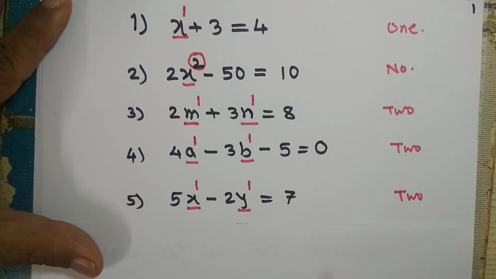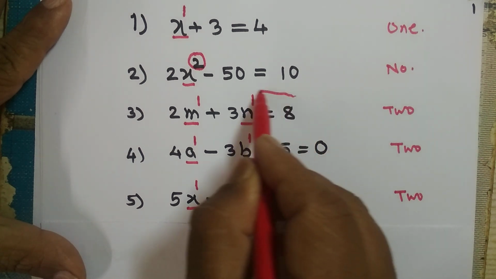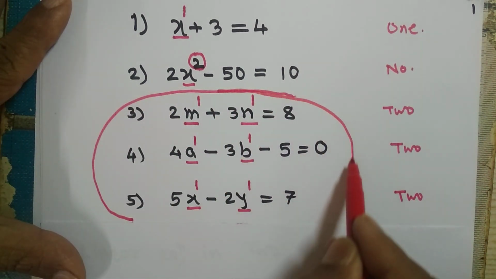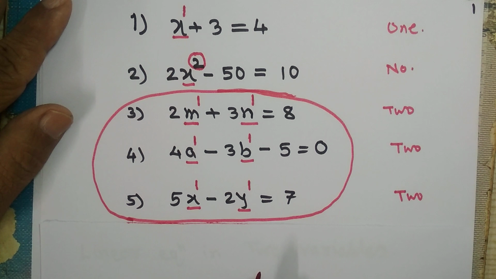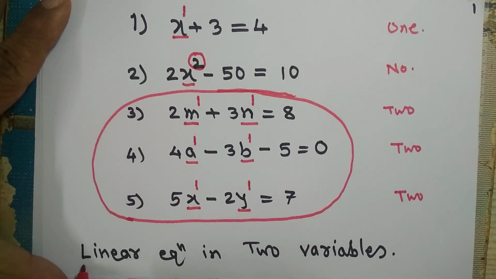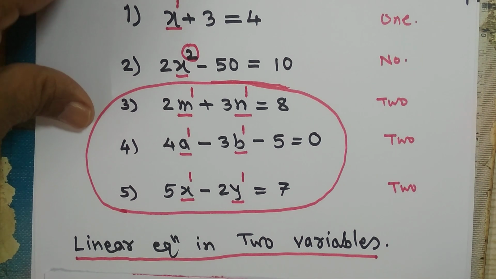Now, we have to see linear equation in two variables for this lesson in the standard 10. Such type of equations we have to see in the 10th standard. That lesson will be linear equation in two variables.